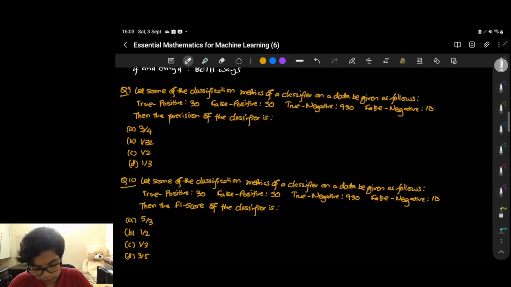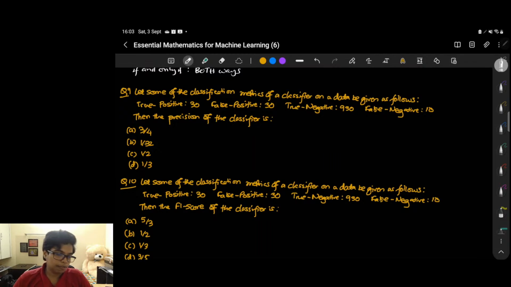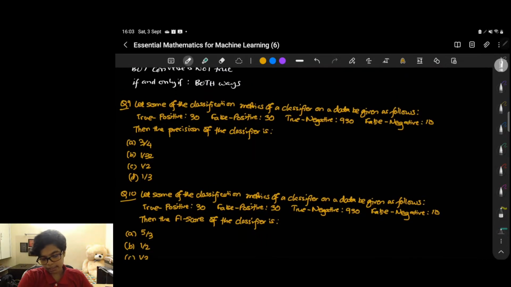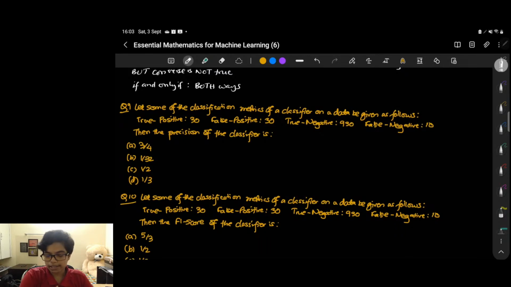Then we have two questions on the accuracy of a classification. The very first lecture in this week was on the classification matrix, which tells you about the accuracy of your classifier. The first question is, let the classification matrix of a classifier on a data be given as follows. True positive cases are 30, false positive cases are 30.